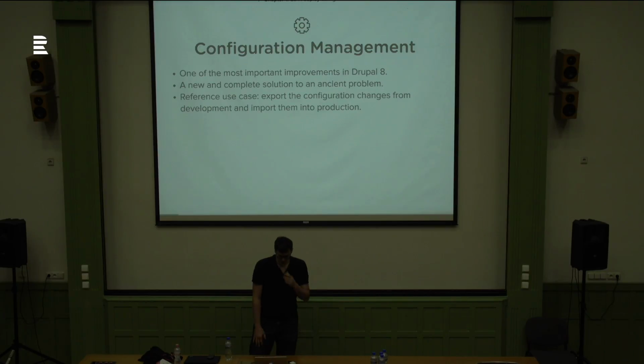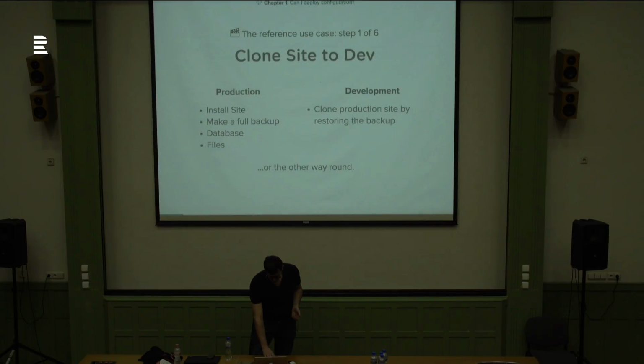And the configuration management of Drupal core does this, and it's, in my opinion, one of the most important features that Drupal 8 has. It's a new and pretty complete solution. And the reference use case is what I just described before.